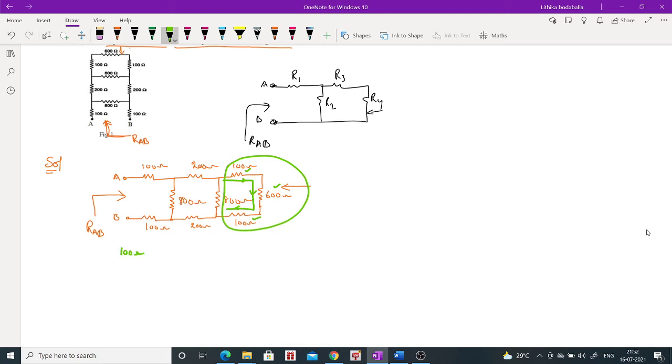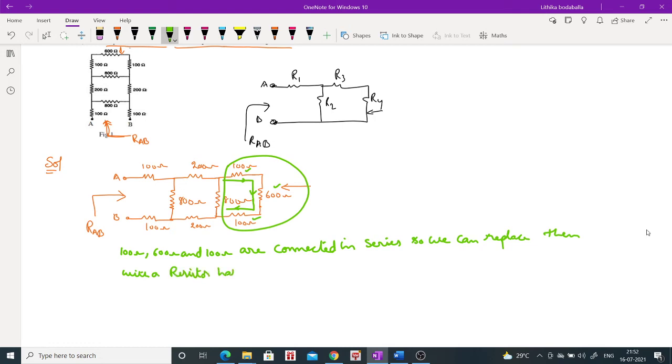100 ohm, 600 ohm and 100 ohm are connected in series, so we can replace them with a resistor having resistance equal to 100 plus 600 plus 100 ohms, that is 800 ohms.